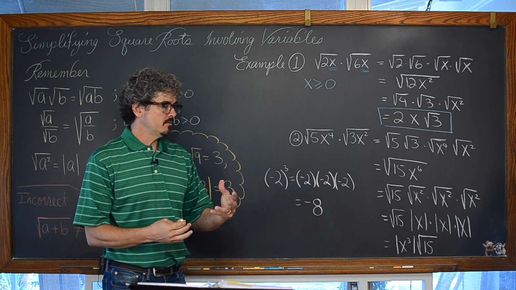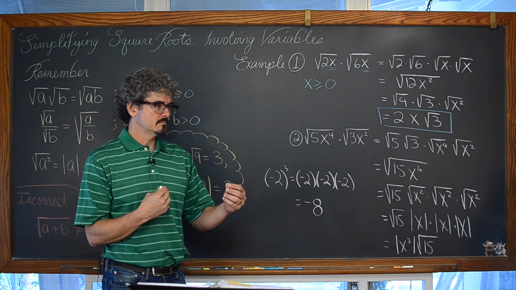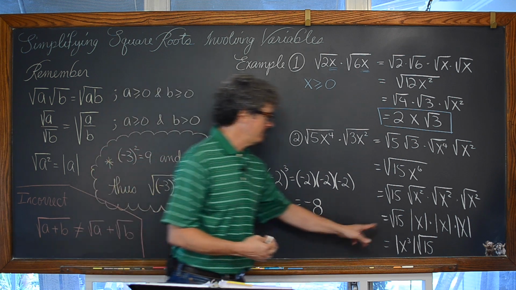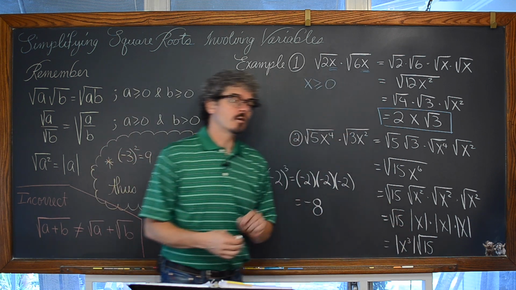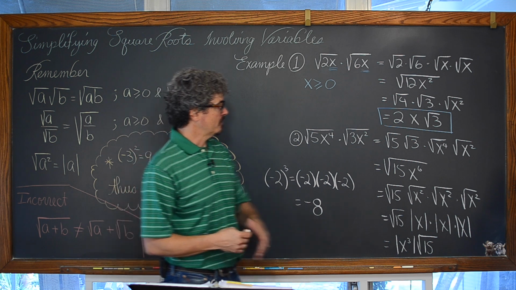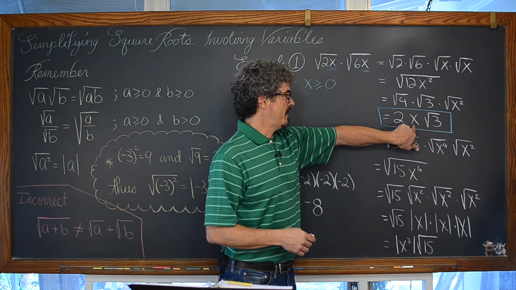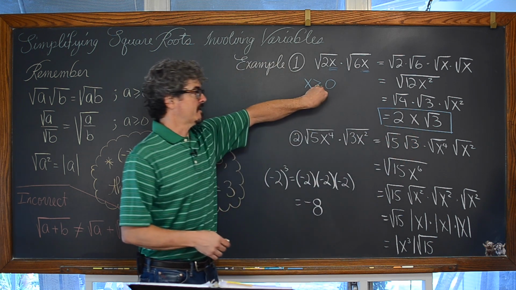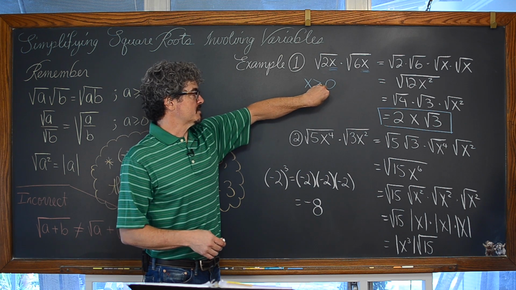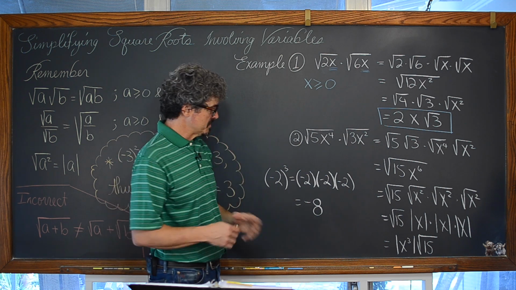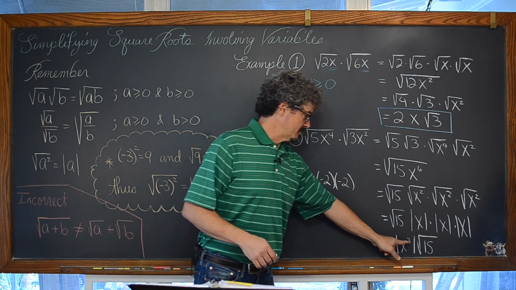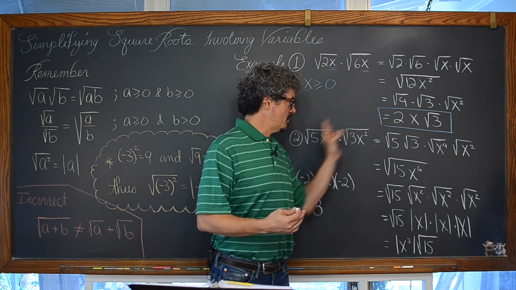We need to take care of that possibility by keeping the absolute value wrapped around that x cubed, whereas the absolute value of x was not needed before because we had that implied domain, x greater than or equal to 0.